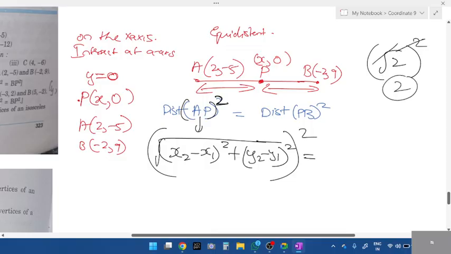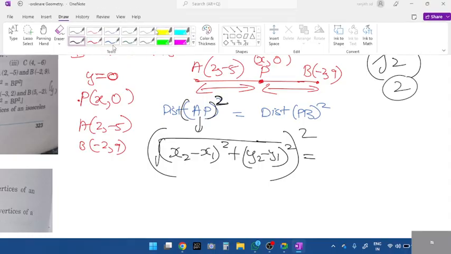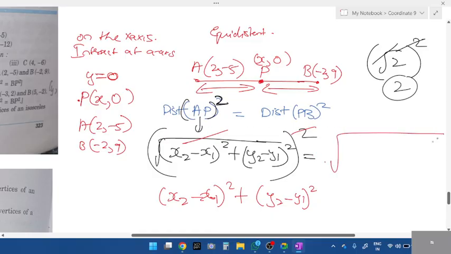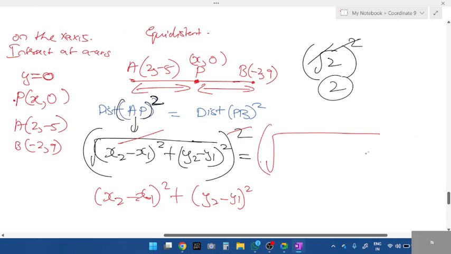What is the answer? 2, right? So even here, which one gets cancelled? Root and 2. So what is left? x2 minus x1 the whole square plus y2 minus y1 the whole square. This is for AP. Now tell me for PB, students. Same formula. Tell me for PB.